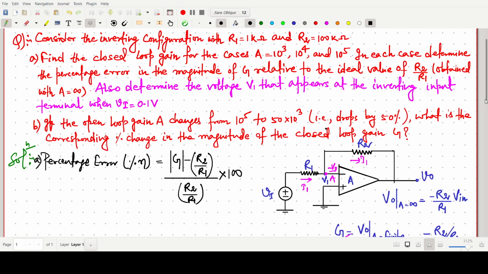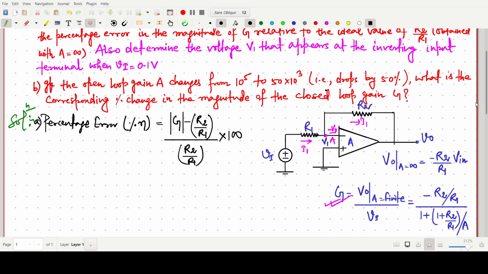And the value of V1 will be simply minus V naught by A. For the finite open loop gain, A is nothing but V naught divided by V plus minus V minus.